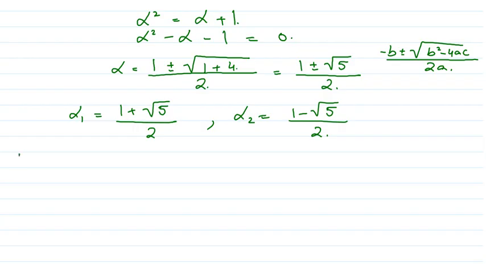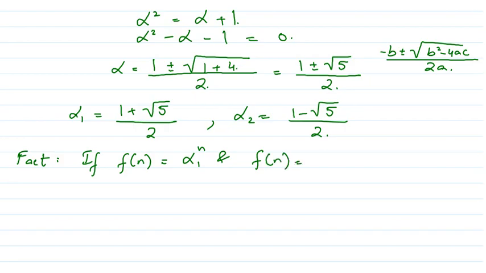So the fact here is that, अभी हमने suppose किया था f of n alpha power n, let me call it alpha 1 power n, and f of n is equal to alpha 2 power n, because here we have come up with two roots. ये भी इसी का possible solution है और दूसरा भी इसी का possible solution है.